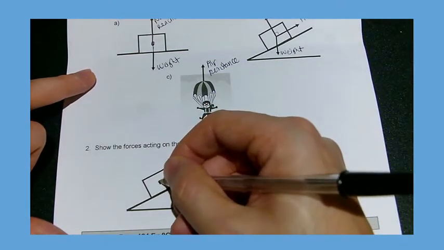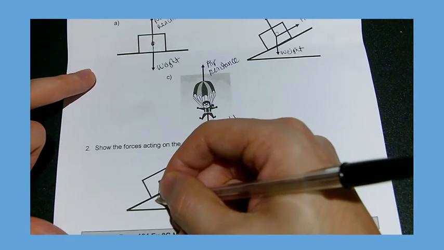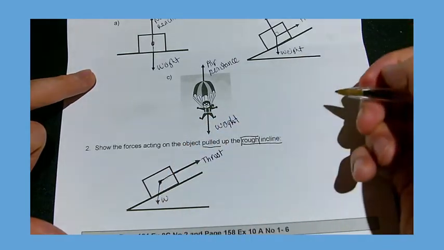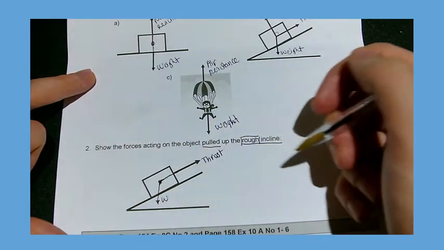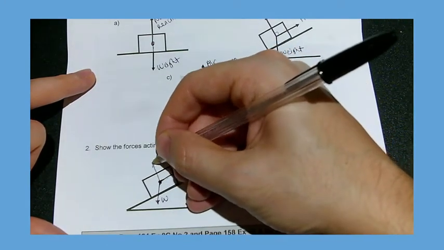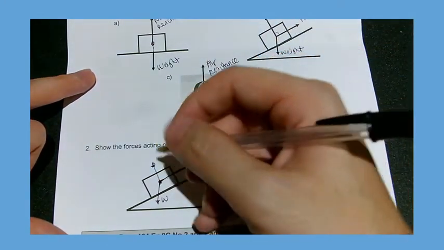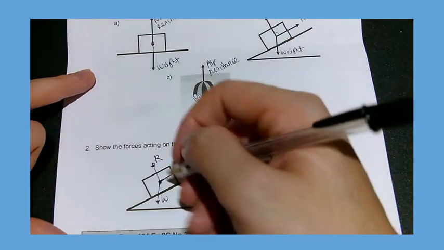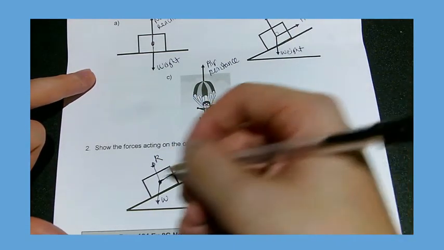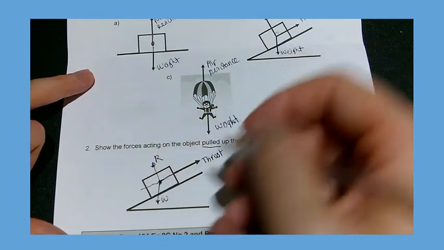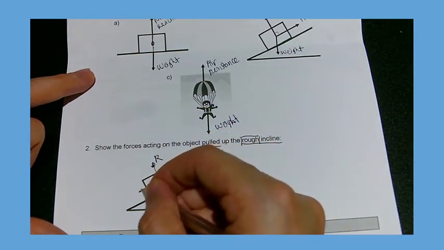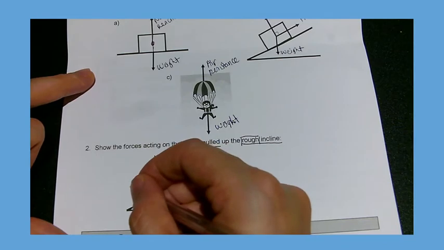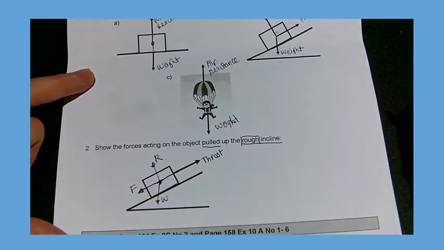Obviously, there's going to be a weight, which is going to be downwards. There's also going to be a normal reaction force, which is going to be labelled as R. Okay, and obviously because it's being pulled up and there's a rough plane, then there will be friction as well. Okay, so those are all the forces labelled on that particular diagram.